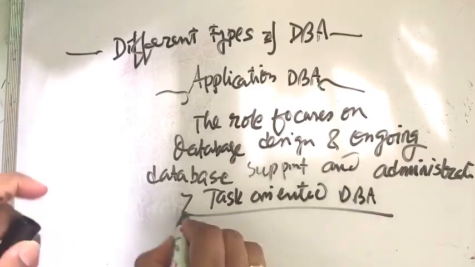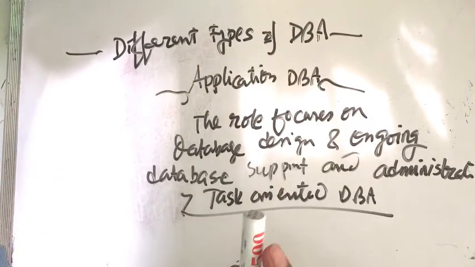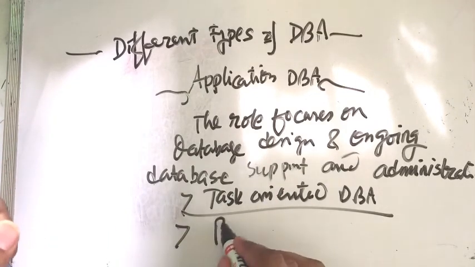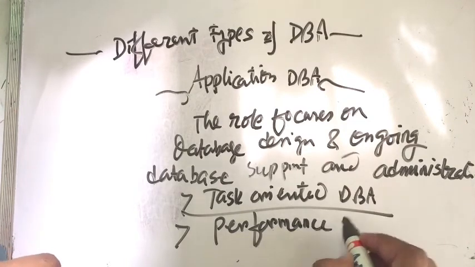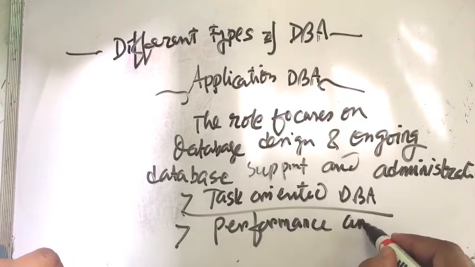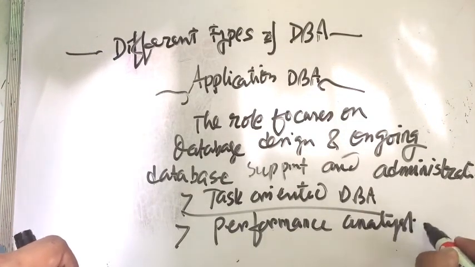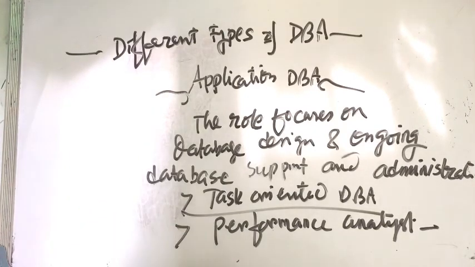They are assigned particular tasks such as backup, or giving access permission and database authorization. And there is performance analysis, which means we have to monitor the performance of the DBMS system. So these are the different types of DBA.